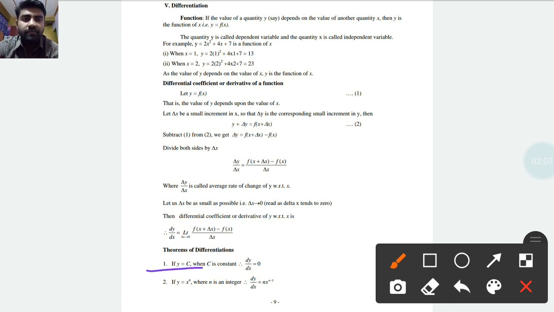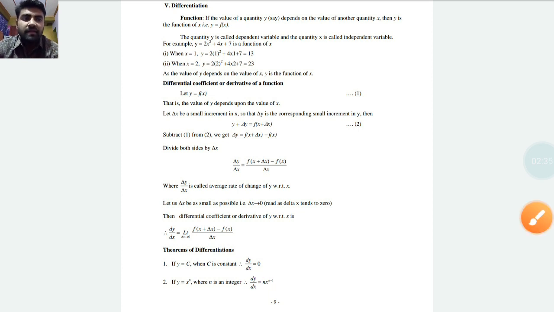So the theorem of differentiation: if y is equal to c, a constant, the differentiation will be 0. If y is equal to x raised to n, where n is an integer and x is a variable, dy upon dx is equal to n into x raised to n minus 1.